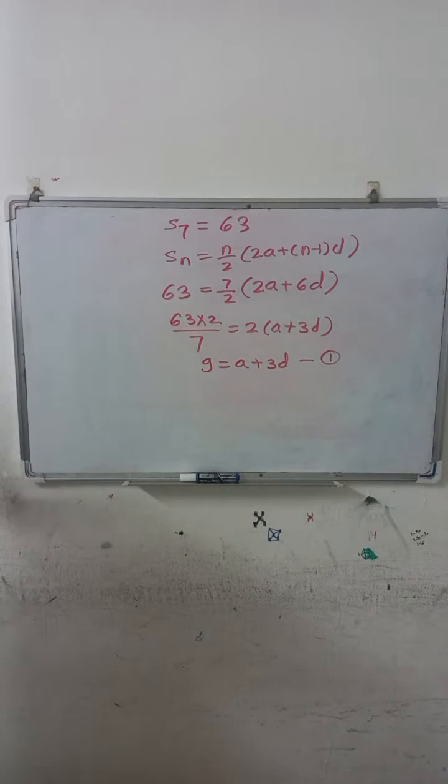Can you get how I am solving? Once we get this equation number 1, next, the next 7 terms sum is 161.